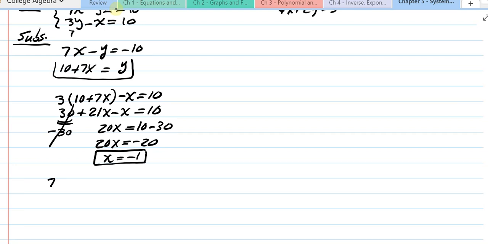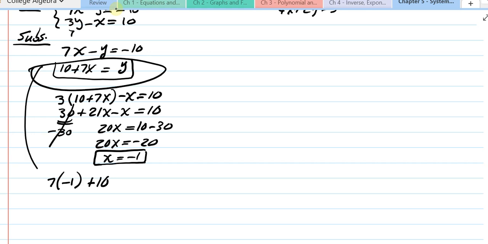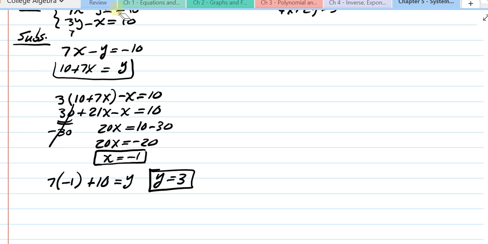I'm going to have 7 times x plus 10. I'm looking at this equation, folks. It's 10 plus 7x. I did 7x plus 10. Addition is commutative, so that is okay. So from this, y ends up being 3, right? 10 minus 7. And there we have a solution to the system.